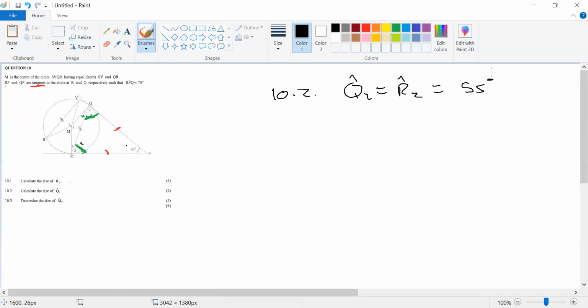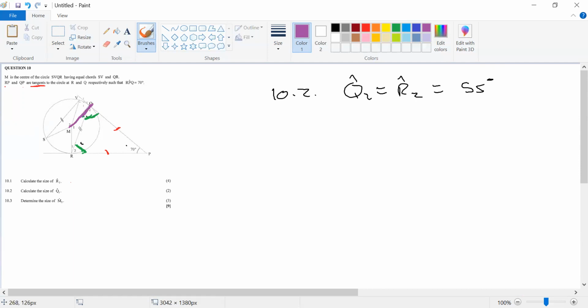We have one part of our question done, but how does Q2 link to Q1? Well, we have a tangent and a radius meeting that tangent, because they told us that M is the center. A line coming from M to the circumference is a radius.